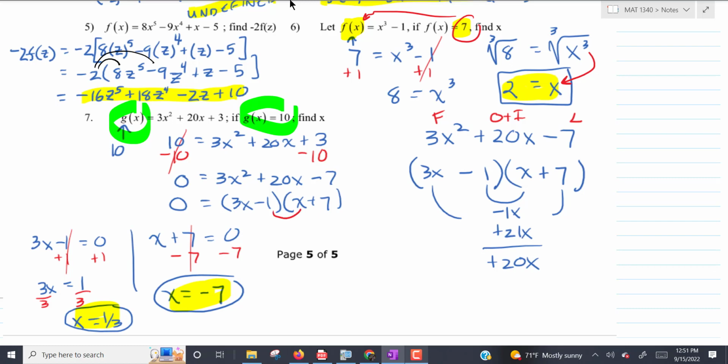This middle term is negative 1x. That outer term is 21x. We want that to add up to 20x. That's why I have the plus and the minus like that. You have to play with the numbers until you get that. Once we get those factors, we can set each factor to 0 and solve. So you would get 1/3 and negative 7 as your answer.